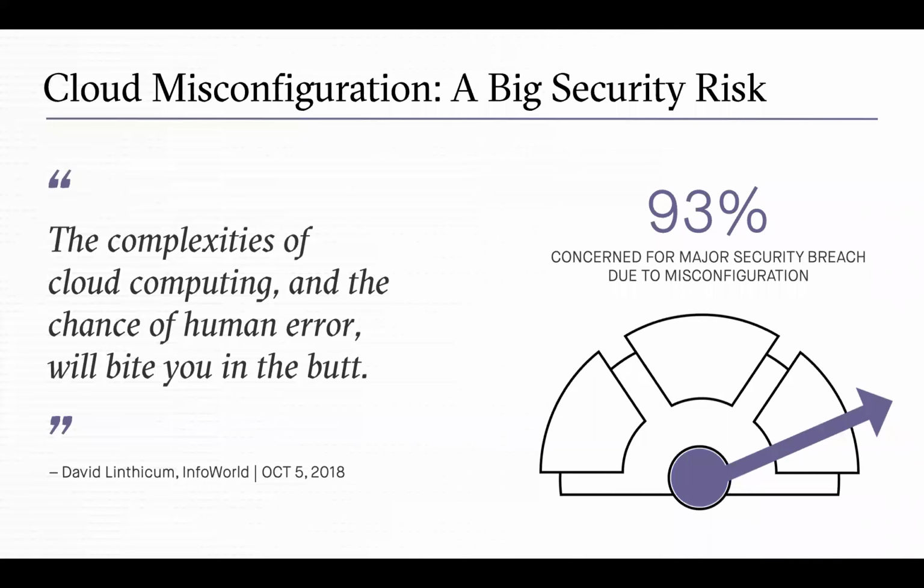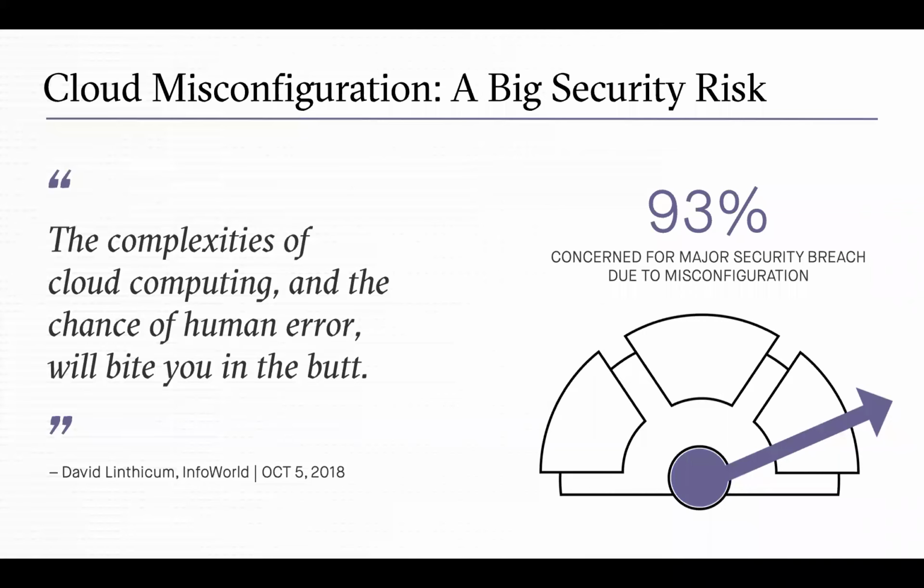After we did this survey, we published some of the research, and David Linthicum of InfoWorld wrote a small story about it, an article about it, and this quote is from there: "The complexities of cloud computing and the chance of human error will bite you in the butt." That is true. I've been doing cloud for a decade now. I've made lots of errors, and I spend a lot of my time focused, again, on correctness.